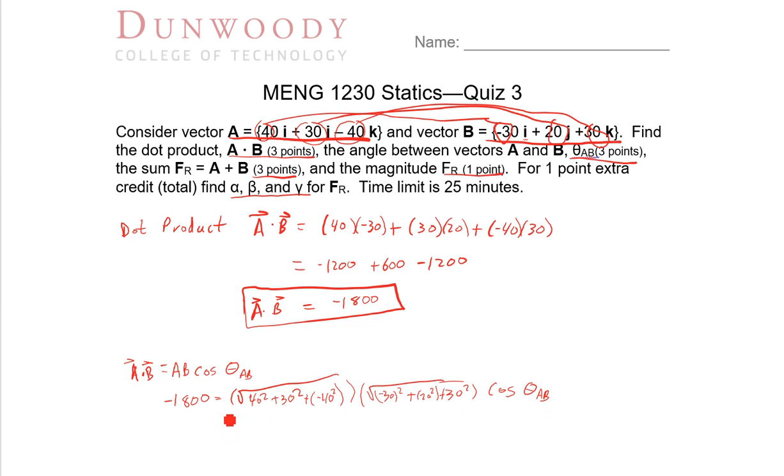So when I put that through, this part becomes 64.03. This part becomes 46.90. And this is still cosine theta AB.